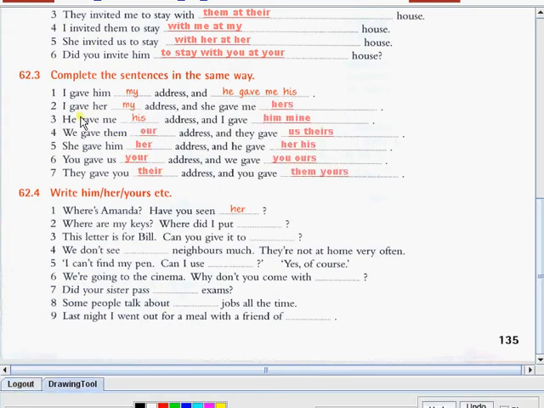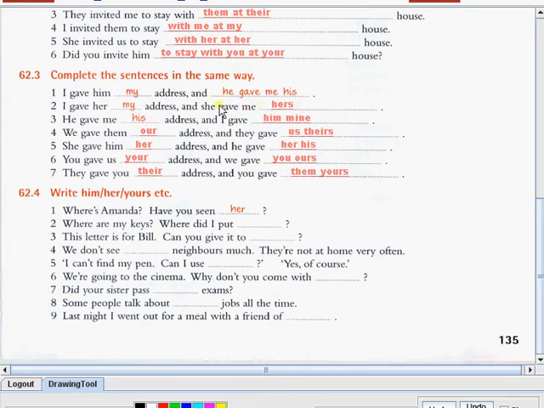For number 2, I gave her my address and she gave me hers. So this is me, so we put my here, so this is my address, and she gave me hers. Hers is referring to the word she, so it's her address.